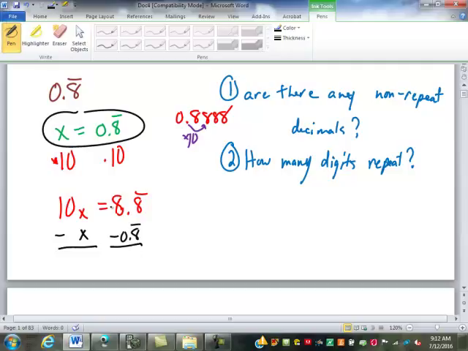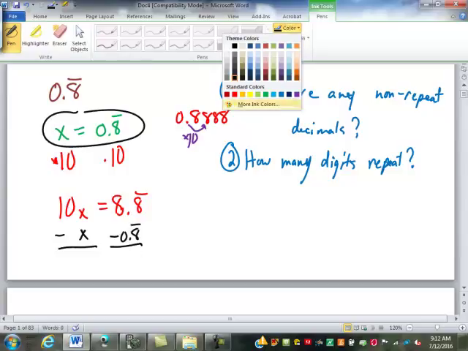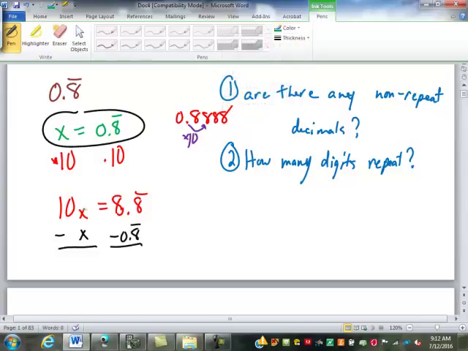So I am subtracting the same thing, just in a different form, a different appearance. So on this side, 10x minus x is 9x. Over on this side, well, the 0.8s all cancel out, right? The 0.8 repeating all subtracts out, and all that's left is the 8.